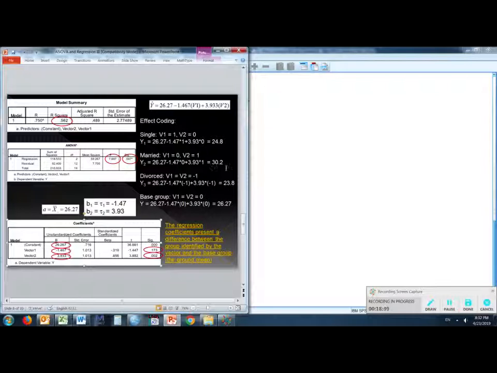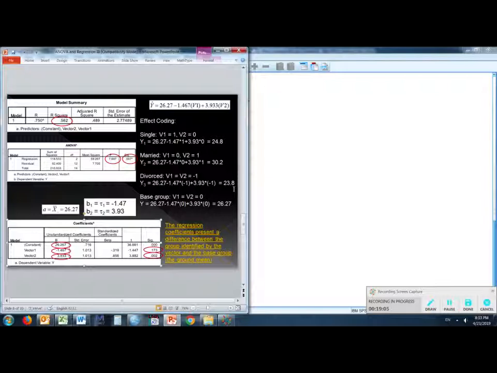It is 30.2. Then the mean for the diverse group, when both vectors were set at -1, is 26.27 minus 1.47 multiplied by -1 plus 3.93 multiplied by -1. It is 23.8. That is the mean for the diverse group.